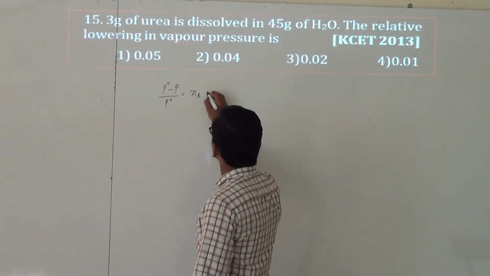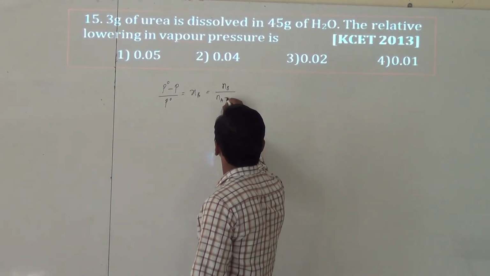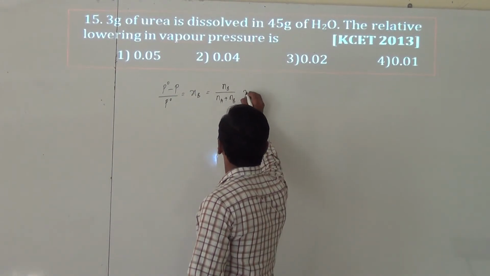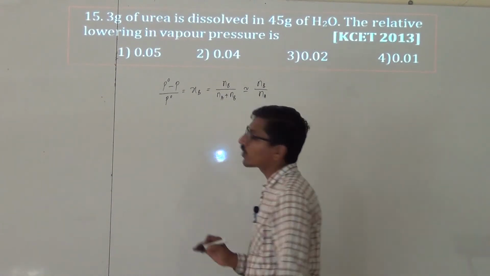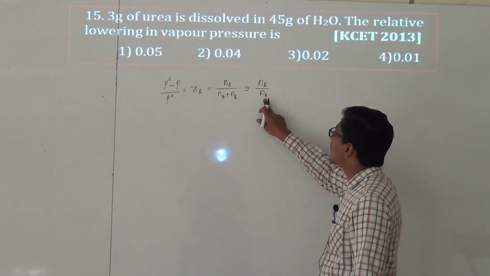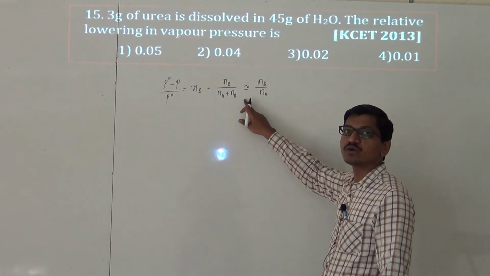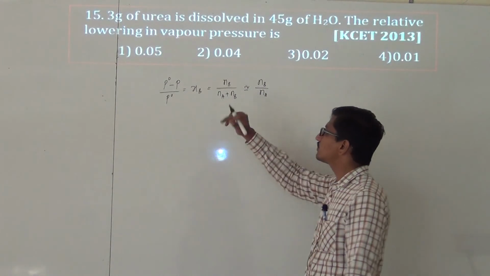XB is equal to NB divided by NA plus NB. It is nearly equal to NB divided by NA, because for a dilute solution NA plus NB is nearly equal to NA. The number of moles of non-volatile solute is negligibly small compared with the number of moles of solvent.